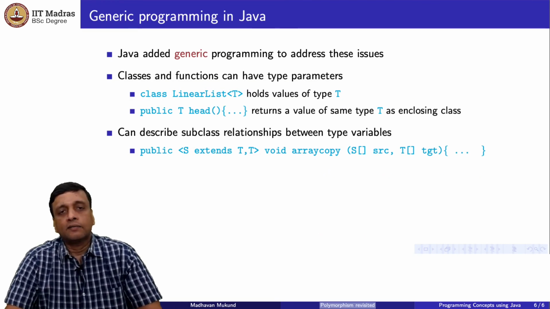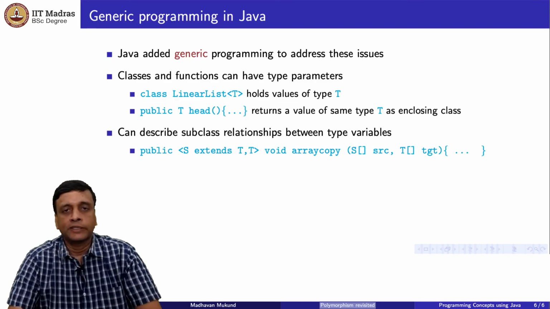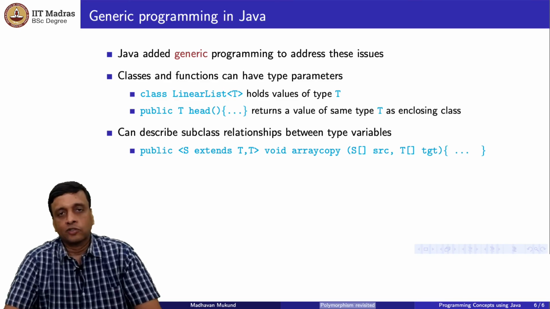So these are some shortcomings which were there originally in the language Java, and initially it was thought that this object-based hierarchy can solve all the problems which one wanted to associate with structural polymorphism, but these kind of drawbacks became evident. So somewhere a few years down the line, Java added something which it called generic programming.